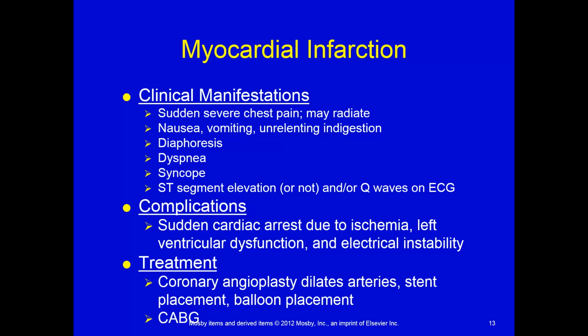What happens with a pathologic Q wave is the Q wave's huge, like 3 times the size of the T wave. It's abnormally large, abnormally wide upon actual visualization, and that's called a pathologic Q wave.